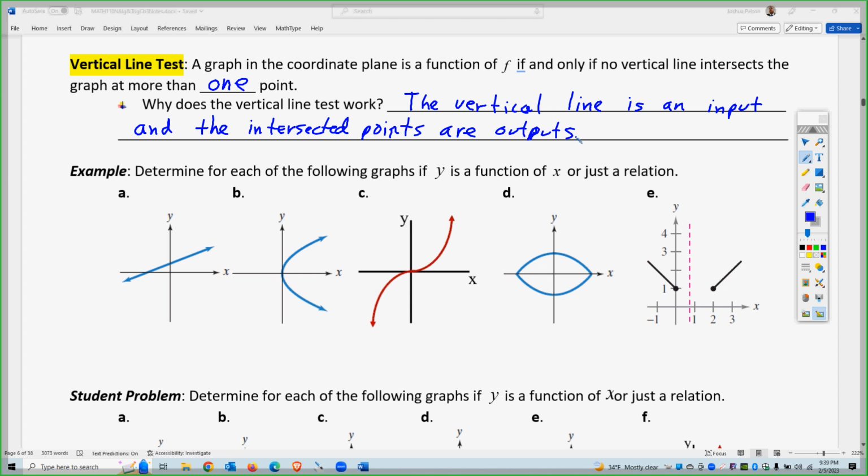And we hope to have only one intersected point. So here, this is a function. Well, why is that? No matter what vertical line I draw, it's only going to intersect the line once.